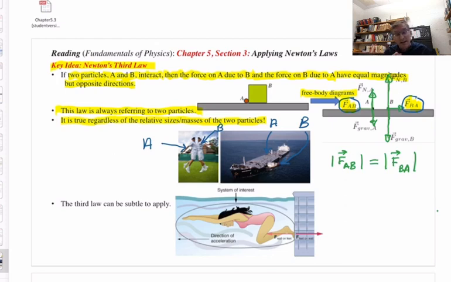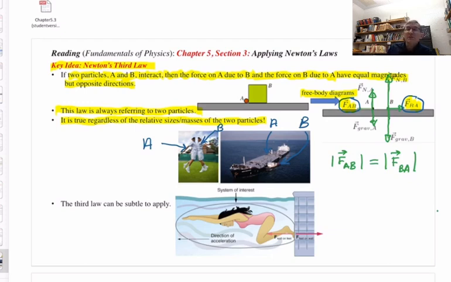If they are in contact, and so there are forces between them, the force on the tug from the tanker and the force on the tanker from the tug have equal magnitudes. We must accept that, because that's what the third law of motion says, and it's been tested by experiment.